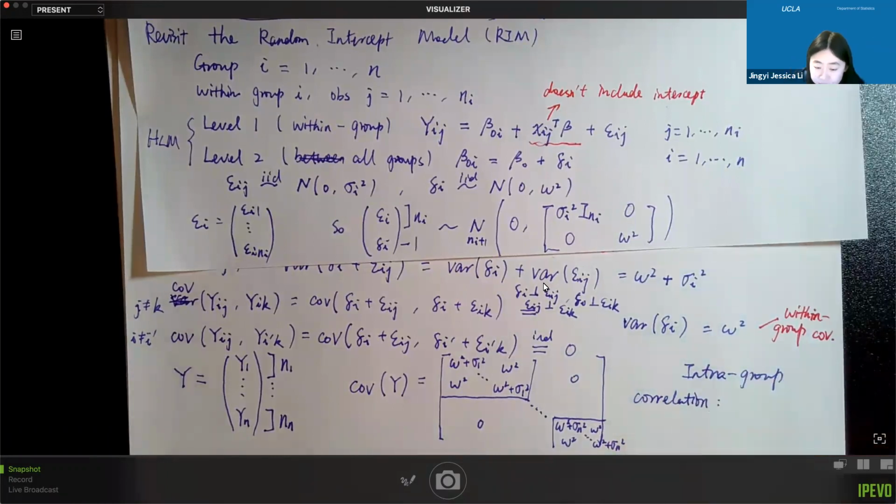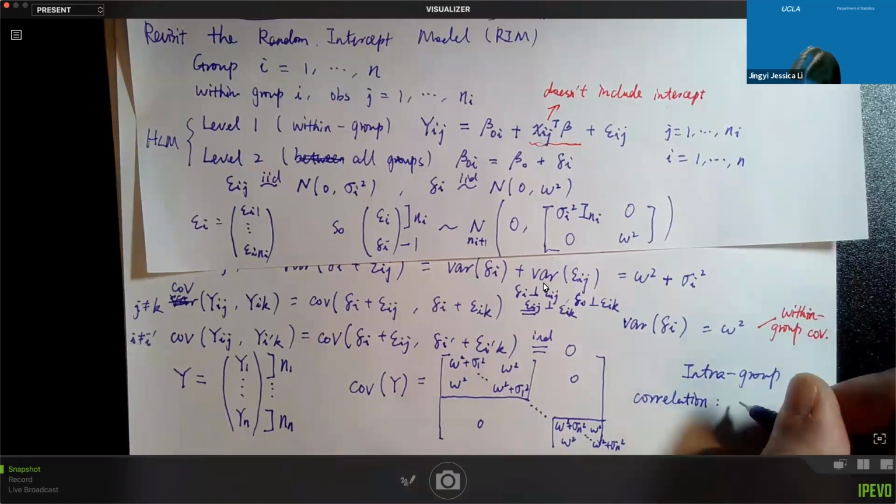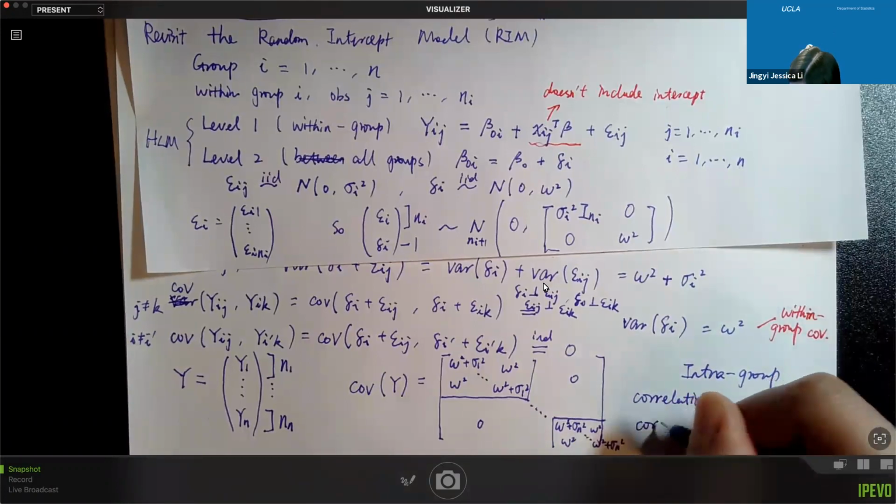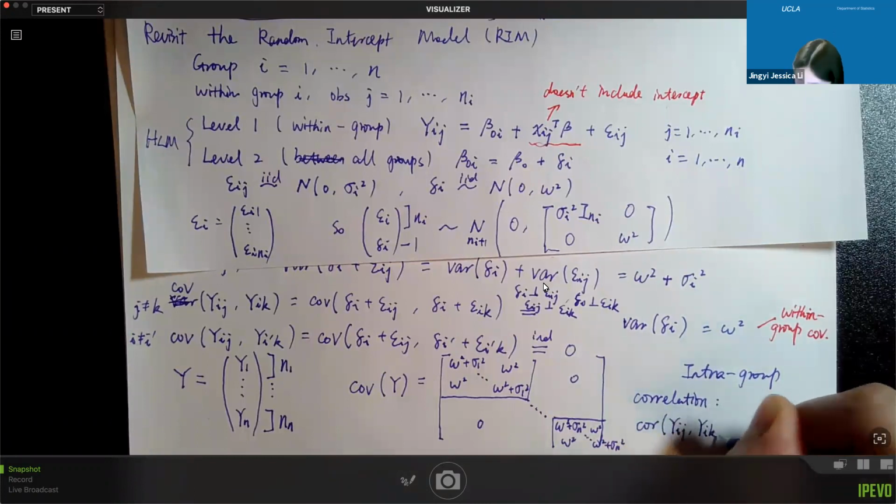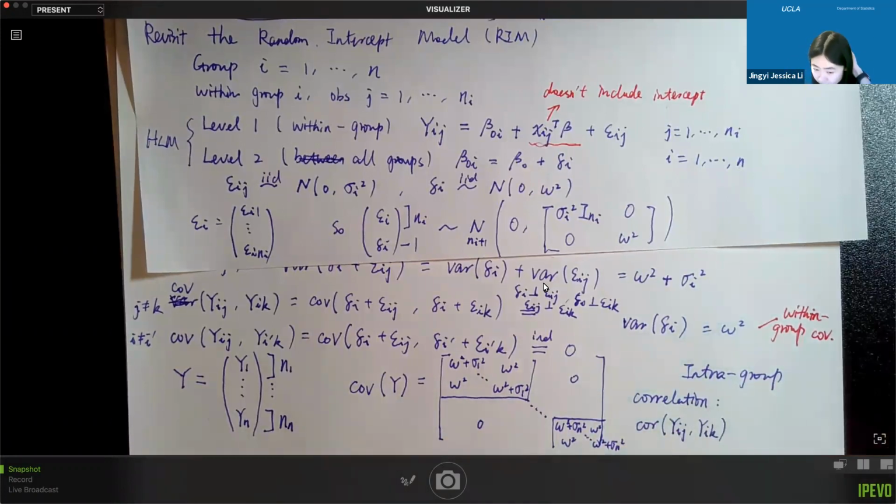This concept is defined as the Pearson correlation between two observations in the same group. So we can define this as the Pearson correlation between Yij and Yik, for j not equal to k.